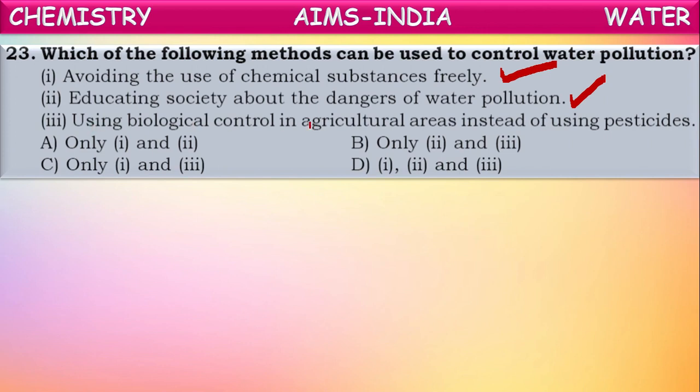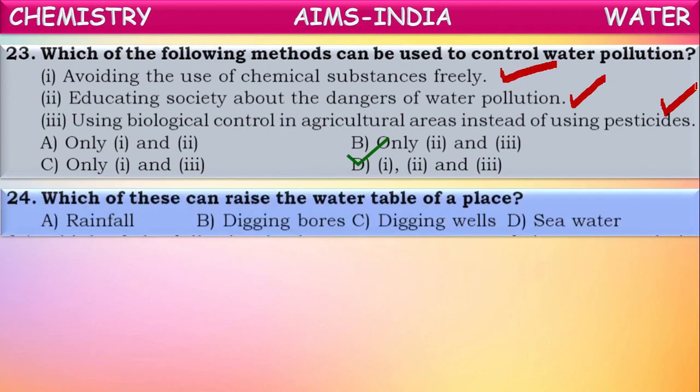Using biological control in agriculture areas instead of using pesticides also reduces water pollution. What's happening nowadays? People are using large quantities of pesticides. Instead of pesticides, if you use biological control, then also we can control the pollution of water. So these three are correct methods for controlling pollution of water. So what will be the correct answer now? D.